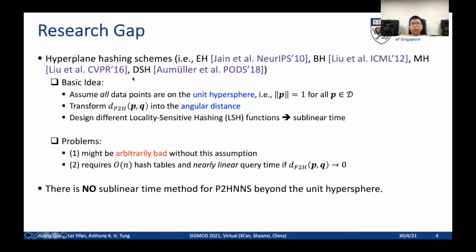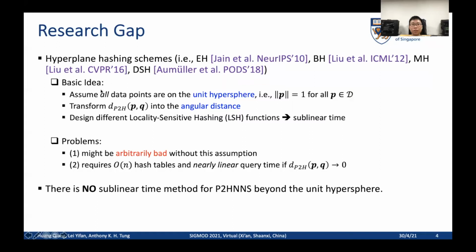In the literature, there exist many hyperplane hashing schemes for this challenging problem, such as EH, which was published in NeurIPS 2010, BH, which was published in ICML 2012, and MH and DSH, which were published in CVPR 2016 and PODS 2018, respectively.